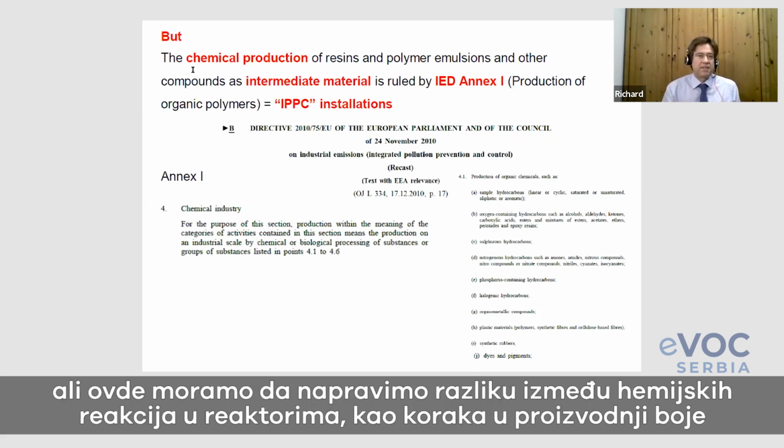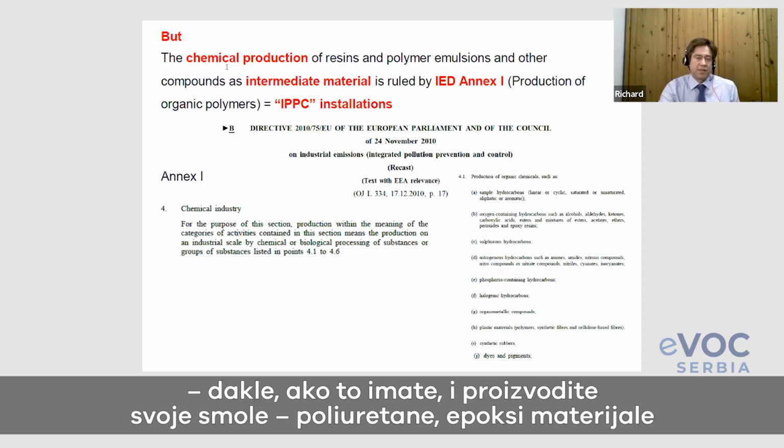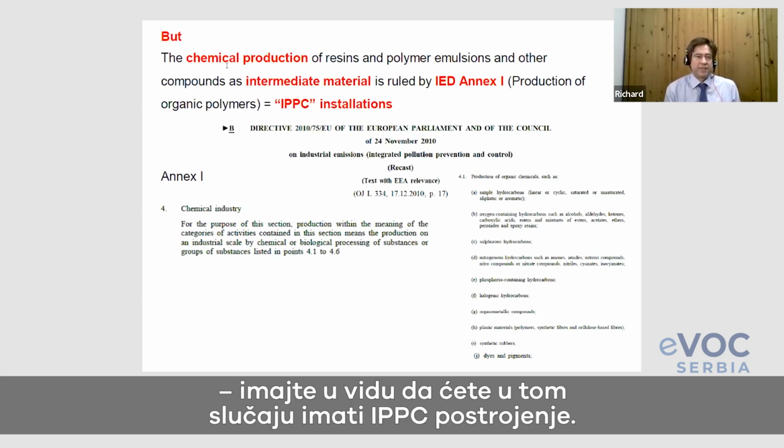But here we have to make a differentiation when we have chemical reactions in reactors as pre-steps for the production of the paints. If you have chemical production, so if you produce your resin, for example polyurethanes or epoxy materials, by yourself, then please be aware that you will have an IPPC installation.